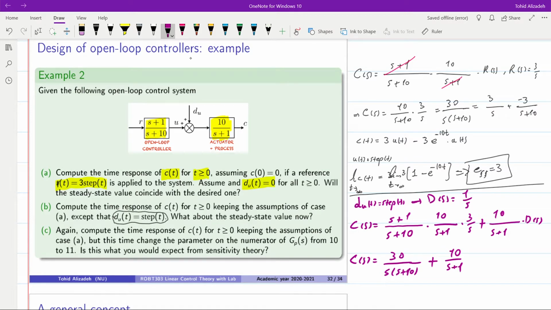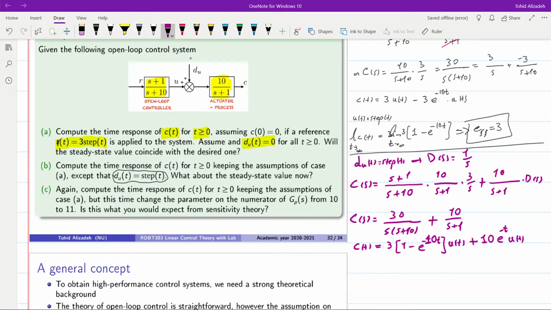And if I want to obtain the time domain equivalent, for the first part we will have 3 times 1 minus e to the minus 10t times u of t, plus 10 times e to the minus t u of t. And now if I want to find out the steady state value for c of t, we will get 3 from the first part over here.